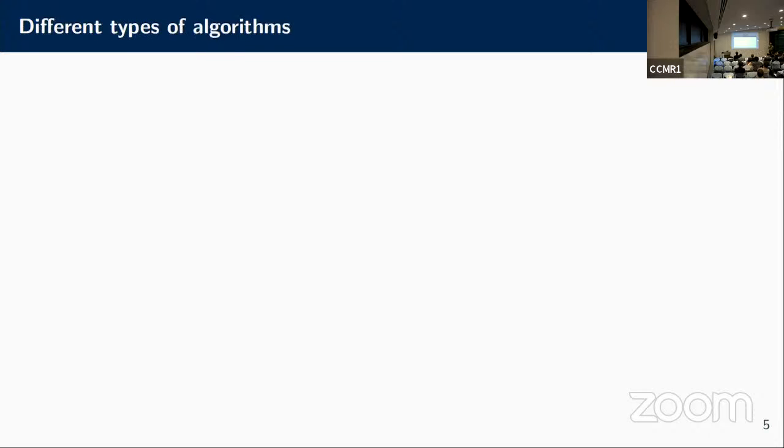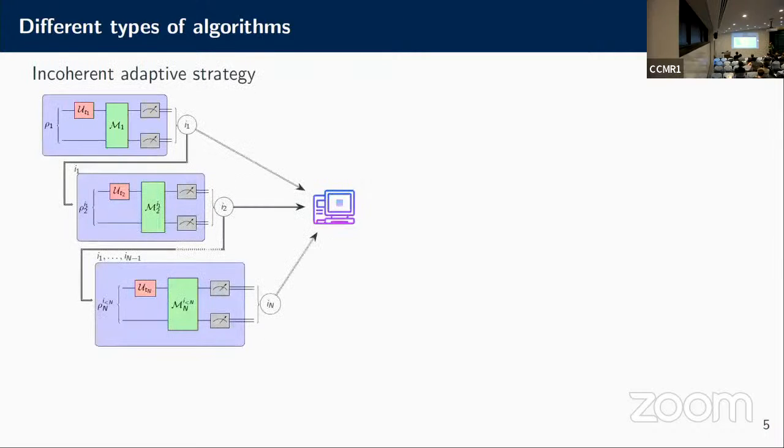Now I have to tell you what we are allowed to do to solve it. You could think about different settings. For example, you could talk about these kinds of strategies. Each blue box is one time you run a sub-step of the algorithm. You prepare the state on a potentially larger system, so there might be ancilla qubits around. Then you run the time evolution, which is this red box, on the n qubits, then you measure on everything you have and record the outcome.